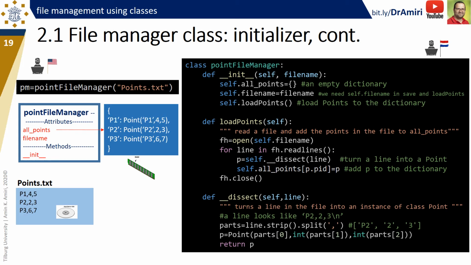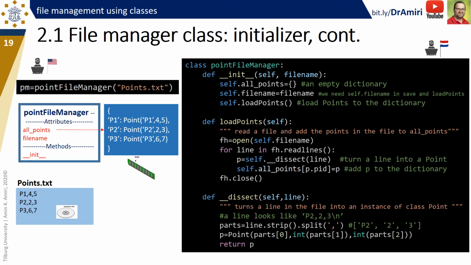The key is going to be the point ID, in this case P1, and the value is going to be an instance of the class Point, which has three attributes, P1, 4, and 5, as PID, X, and Y. So that's what should be done for each line.